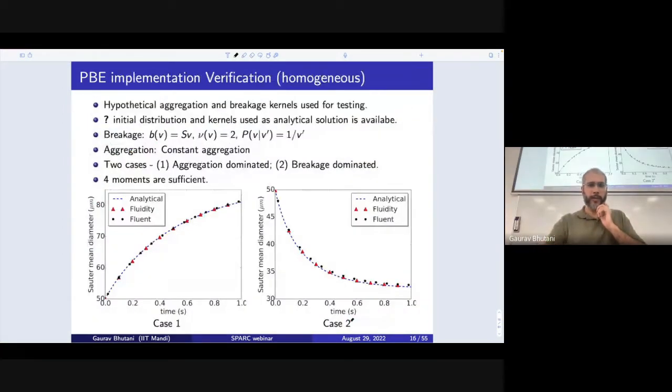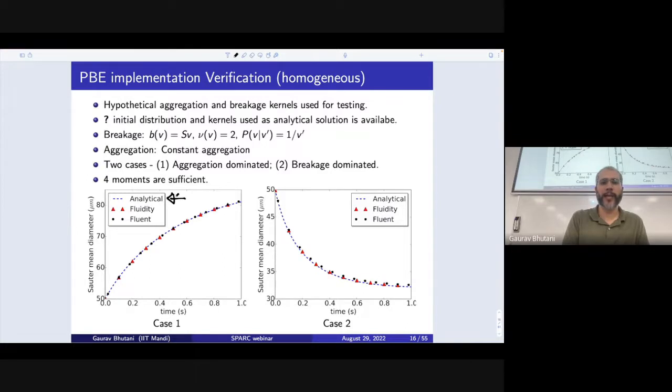So now that we've talked about the population balance equation, this slide I will discuss tomorrow when we actually solve the same problem that is shown in the slide. But what I want to discuss here is that to understand a correct implementation, and sometimes to appreciate the solution methods of a given equation, we try to solve a special case of the equation where an analytical solution is available.